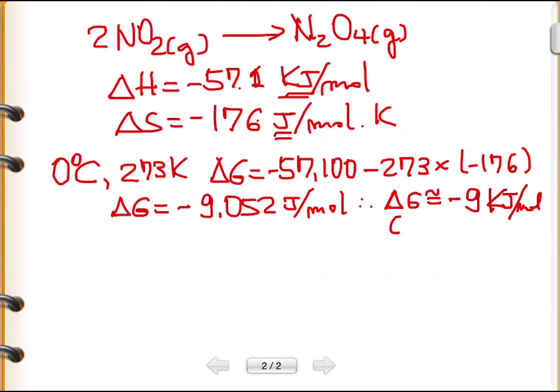So it's a spontaneous reaction. At 0 Celsius, this reaction is spontaneous.